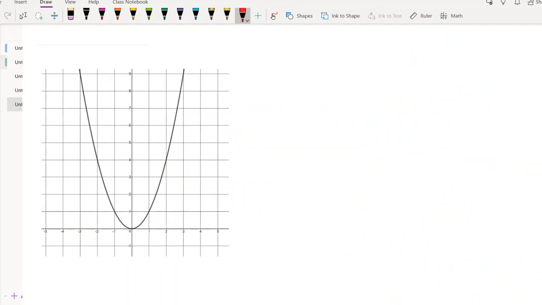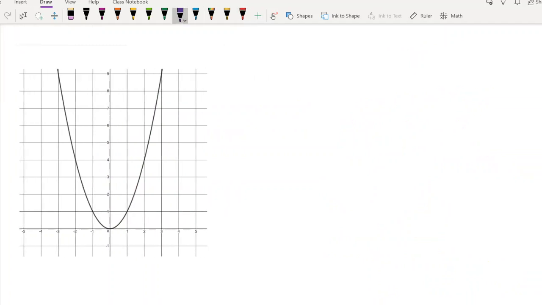We're going to be looking at the function f of x is equal to x squared. So, friendly, familiar parabola. The first thing I want to do is sketch the tangent line at x is equal to 1.